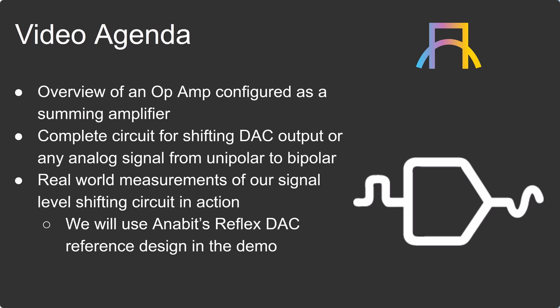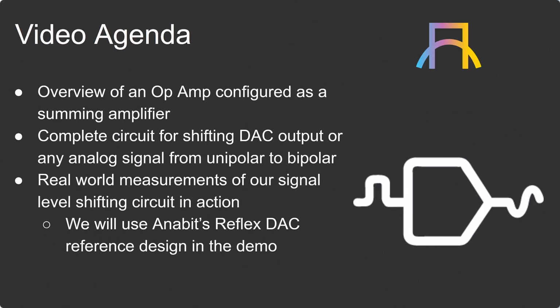DACs, or digital analog converters, which you often use to turn digital codes into an analog signal, are often unipolar. So in this video, we're going to look at a circuit that we can marry with the output of a DAC to turn a unipolar signal from a DAC into a bipolar signal. We're going to start by looking at an overview of an op-amp configured as a summing amplifier.